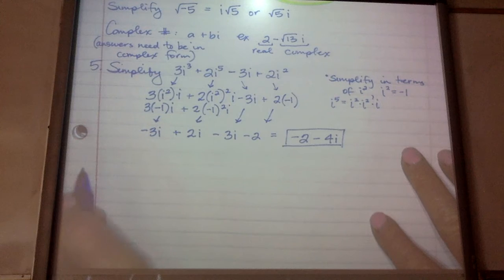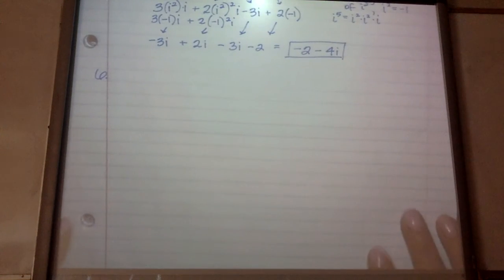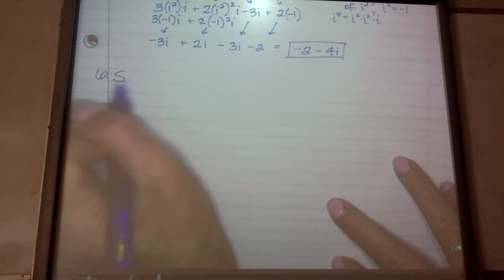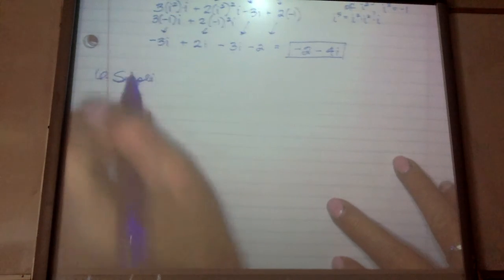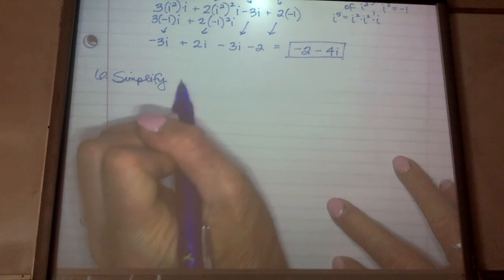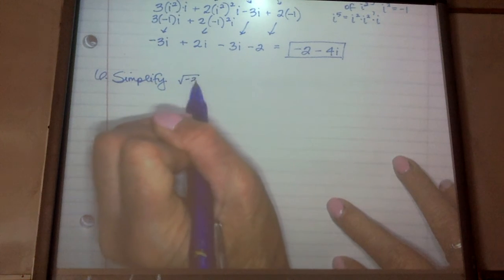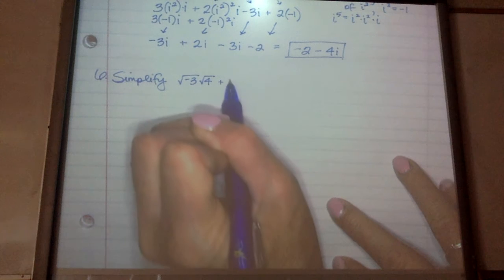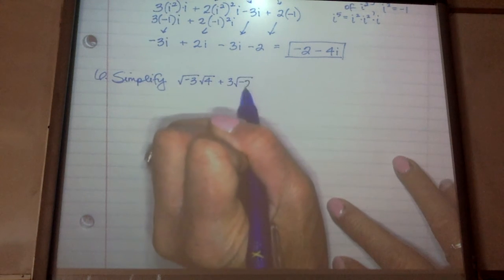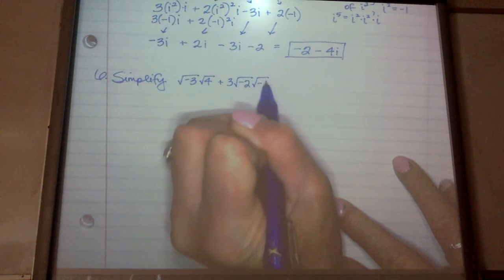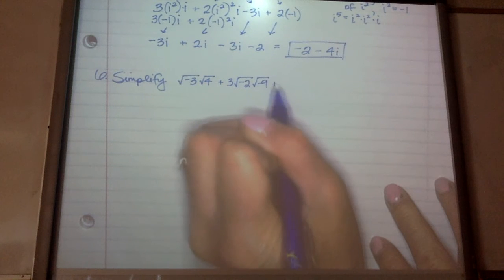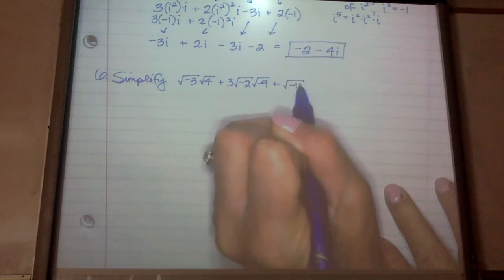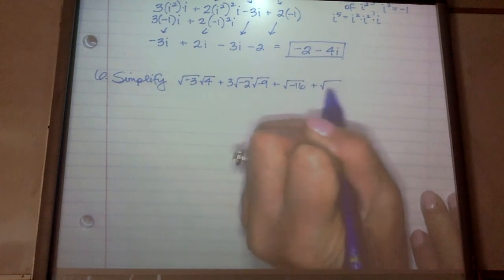So number 6. Another type of problem involving complex numbers. Simplify the square root of negative 3 times the square root of 4, plus 3 times the square root of negative 2 times the square root of negative 9, plus the square root of negative 16, plus the square root of positive 16.